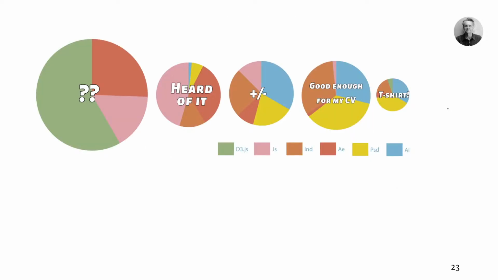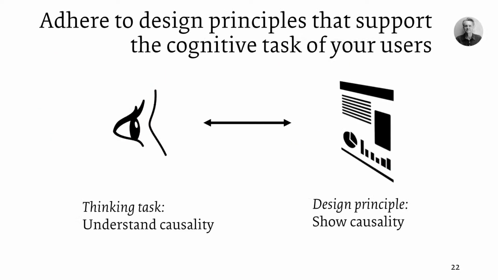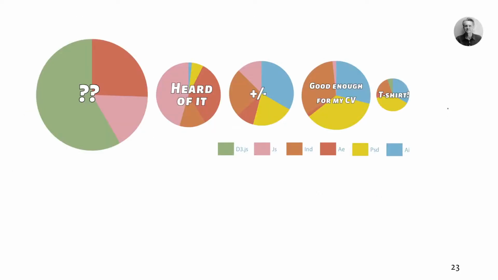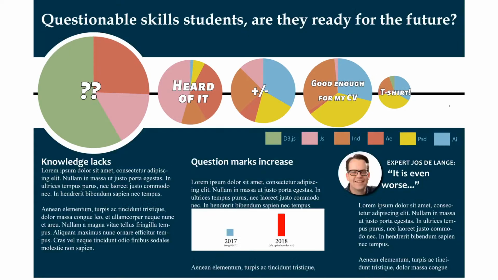But here's the trick. Is this really causality? Here I somewhat twisted the data that I have available on you, and it's not really representing that well. This might be an obvious example, and I even made it worse.